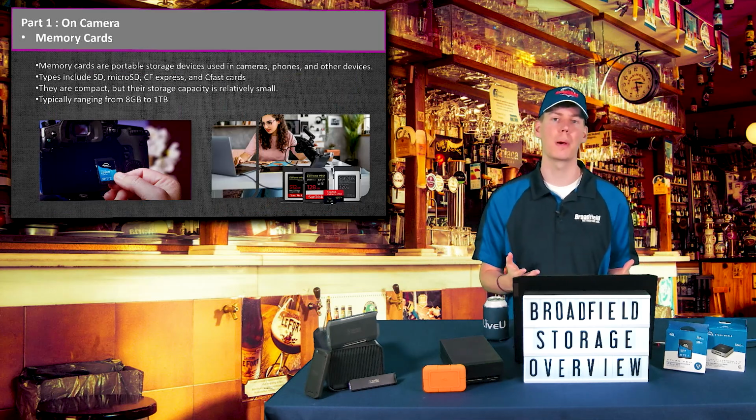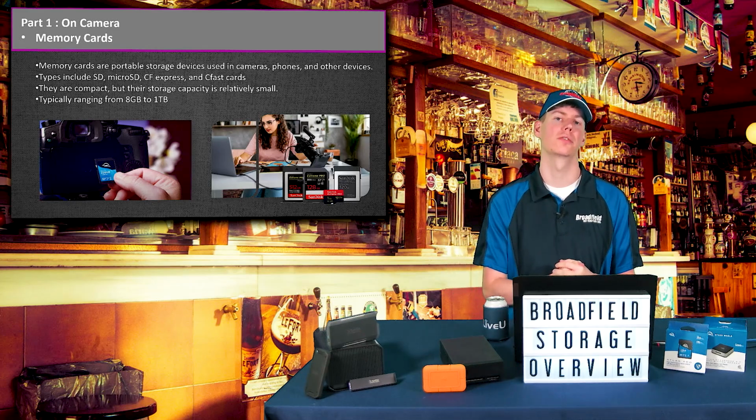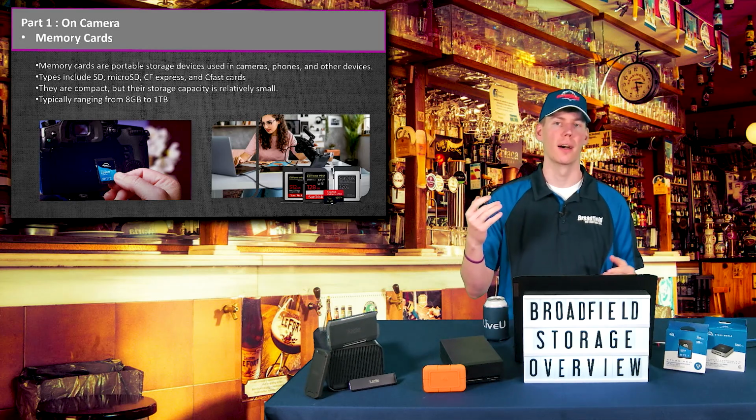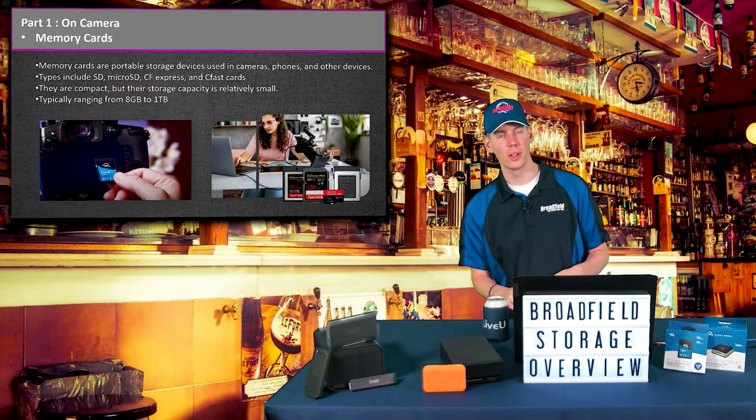We already talked about memory cards. Memory cards of all shapes and sizes are available at Broadfield. It's pretty simple stuff. If you have a camera, whether it's a DSLR, an SLR, a cine camera, a camcorder, most of the time they're going to have internal recording, and you will need to get either an SD card, micro SD card, a CFast card, CF Express card.